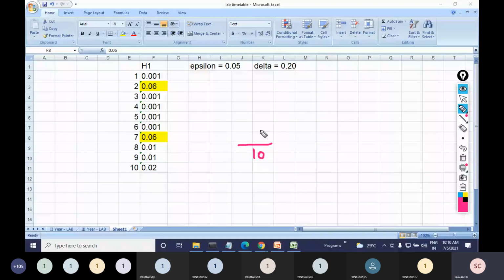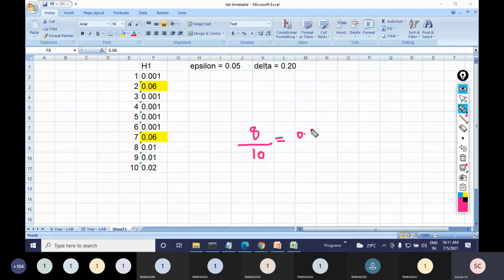Only in the second and seventh records was the difference greater than the accepted error. So 8 times it was satisfying my epsilon value. So you can say the percentage is 80%, or simply you can write it as 0.8.